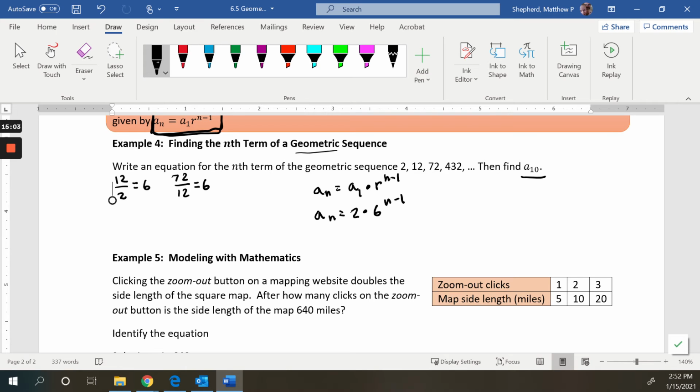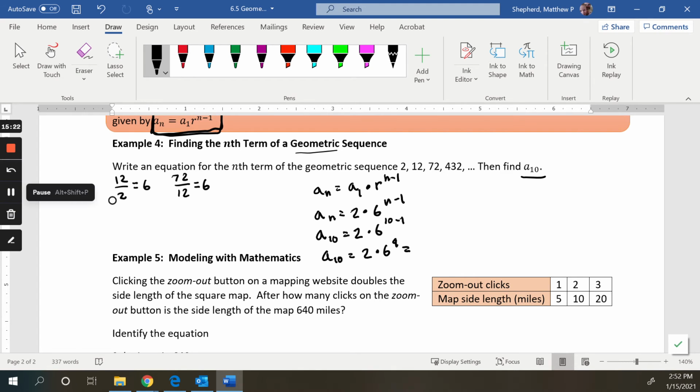Now, notice they told us up here they want us to find the 10th term. So for the 10th term, I'm just going to have to multiply by 6, 10 minus 1, or in other words, 9 times. And at that point, we just need to stick that into a calculator.